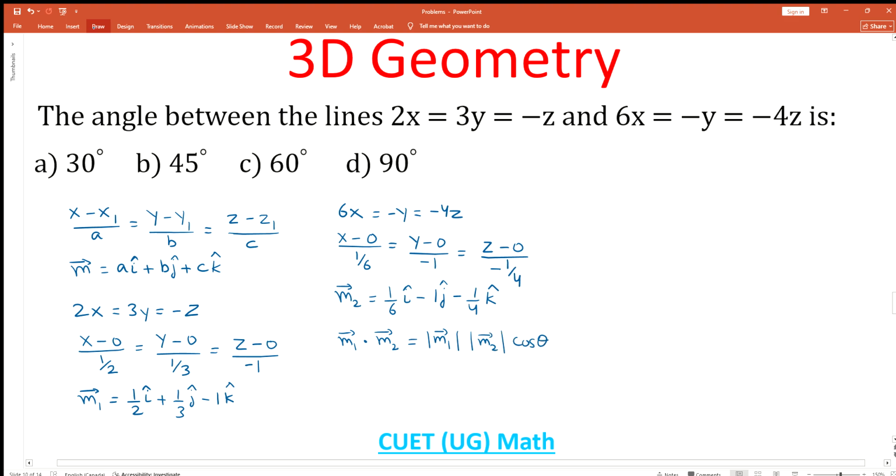Theta is the angle between vectors m1 and m2. We can start by finding the dot product of these two vectors. For that, we should use the vectors m1 and m2 that we found.